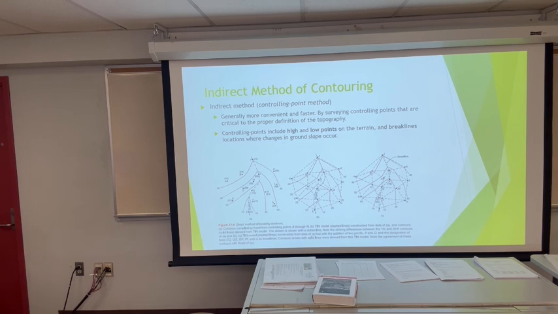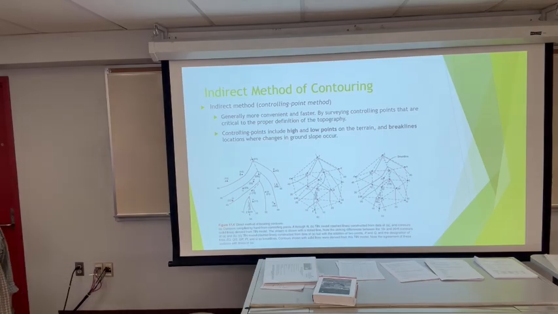So again, indirect is convenient, faster. You're doing the control points, which properly define topography. When you are out in the field doing this topo work, drainage is pretty much the main key factor. That's the one thing engineers want to know.